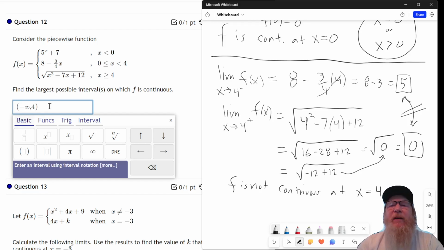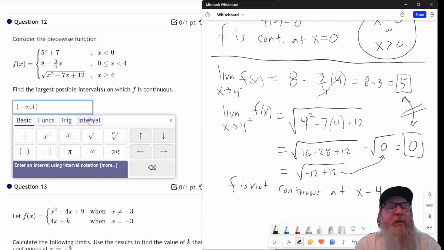Right? Because we already determined the function was continuous at 0. This is asking where is it continuous? So we're going right past 0. 0 is in there, right? We don't want to mention it because the problem with mentioning it, if you put a 0, that means that it's not continuous at 0. But it is, so there it is. 0 is in that interval right there. But then at 4, it becomes discontinuous.